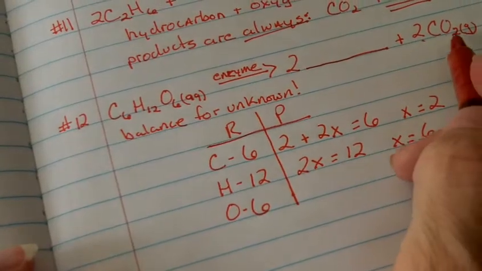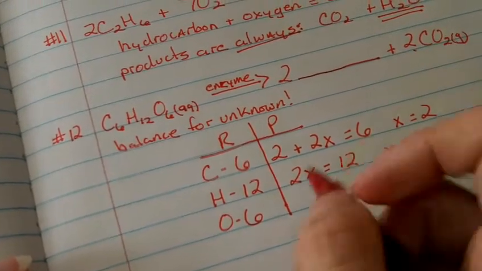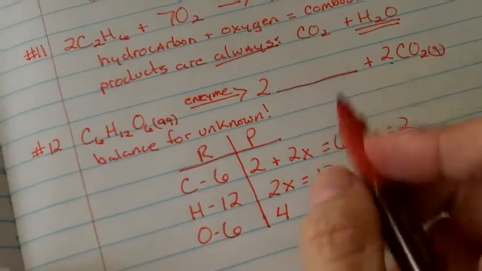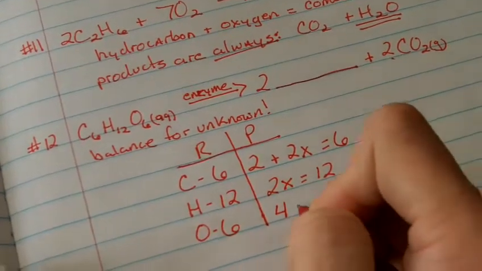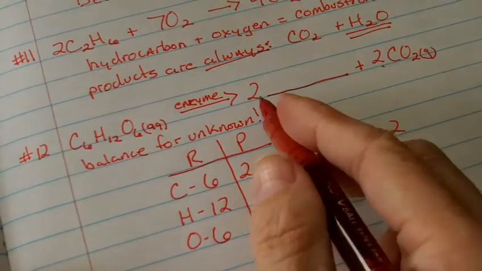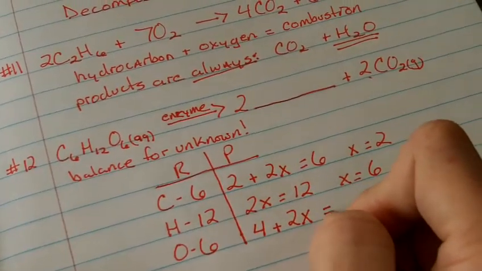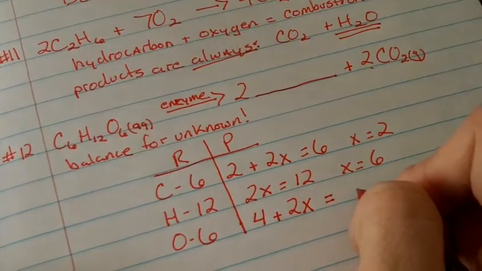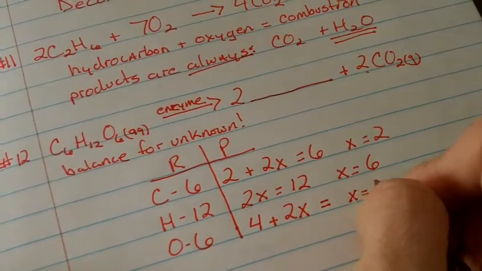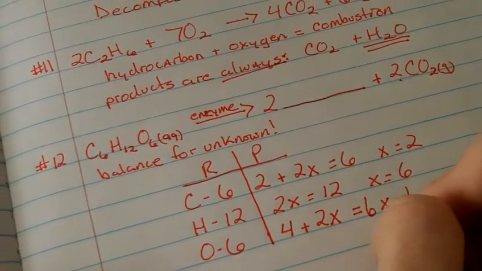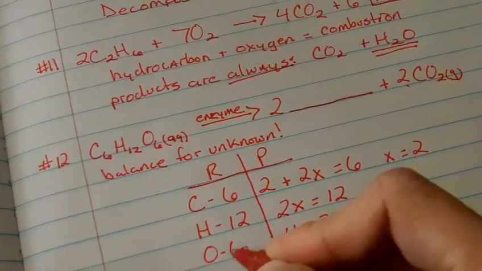We have 4 oxygens in this 2 moles of CO2 plus 2 times what we've got in that compound. Oh, that should equal 6. X is equal to 1 for oxygen.